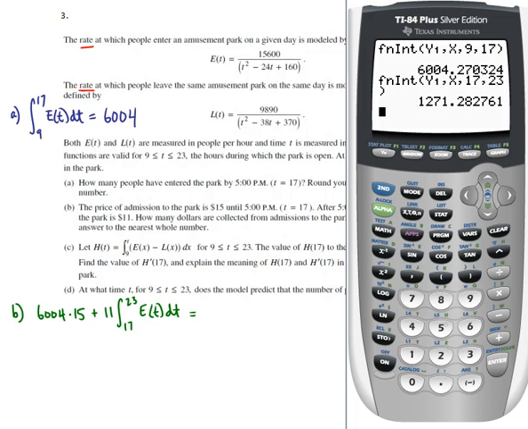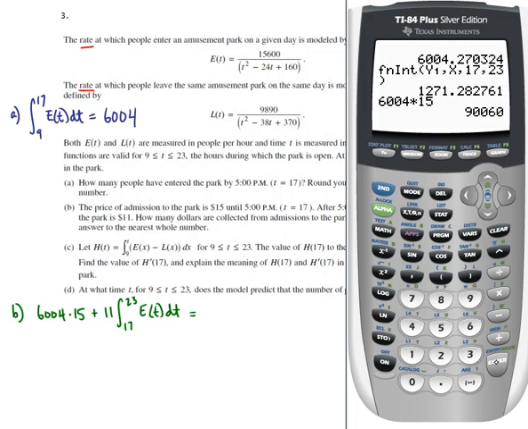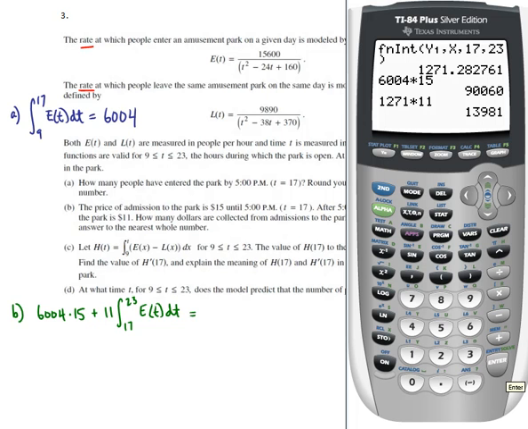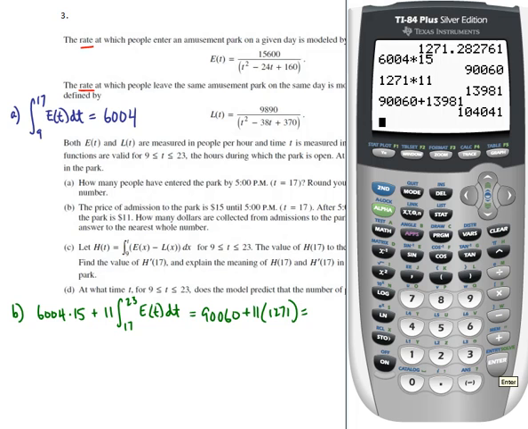Now while I'm at it, I'm going to multiply 6,004 times 15 and multiply 1,271 times 11, and so that gives me 90,060 plus 13,981, and we end up with $104,041 for the day, and I'll close the calculator down now.